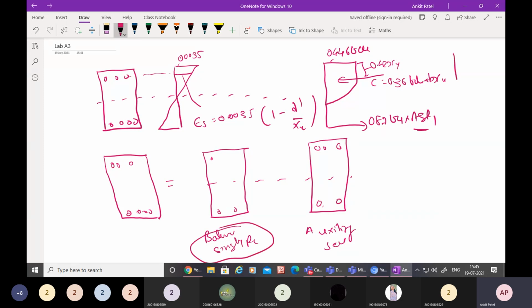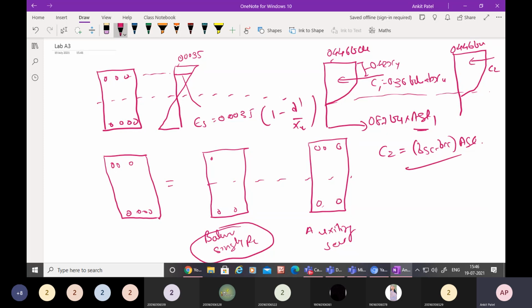Now another stress diagram, that is for the auxiliary section, I'm going to draw it over here, and it will look like this. This is your neutral axis. Again over here your amount is the same, 0.446 fck, but at the level of reinforcement a force is acting, known as C2, and I'm going to consider the other as C1. So what is the amount of C2? C2 is nothing but (fsc minus fcc) into Asc.